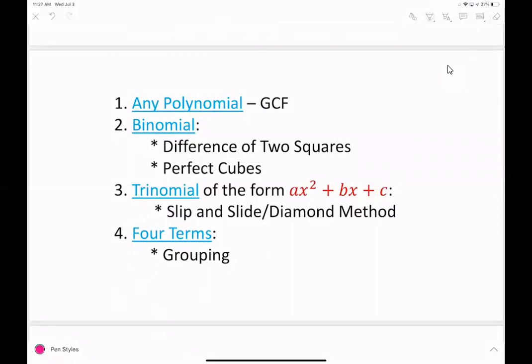If you need to review, go back and review the mini lesson on those two. If it's a quadratic trinomial, we're going to factor using the slip and slide diamond method. And if I have a polynomial with four terms, I'm going to factor it by grouping.